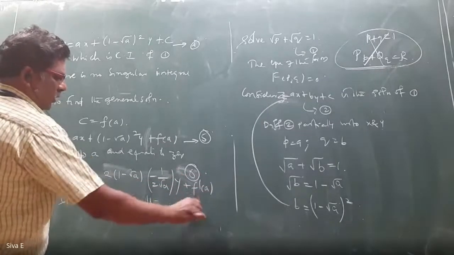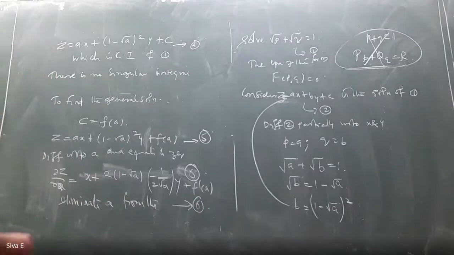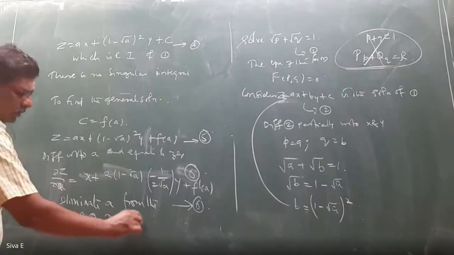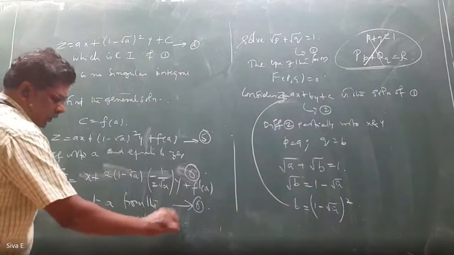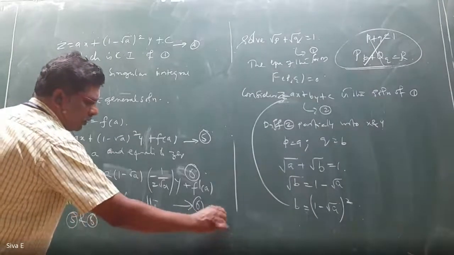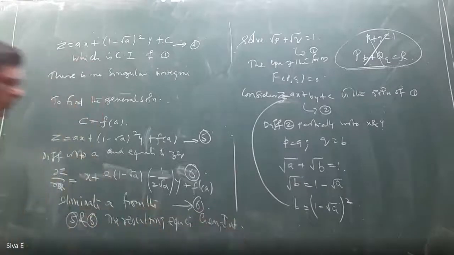So this is equation number 6. Eliminate a from 5 and 6, not 4 and 5. The resulting equation is the general integral.